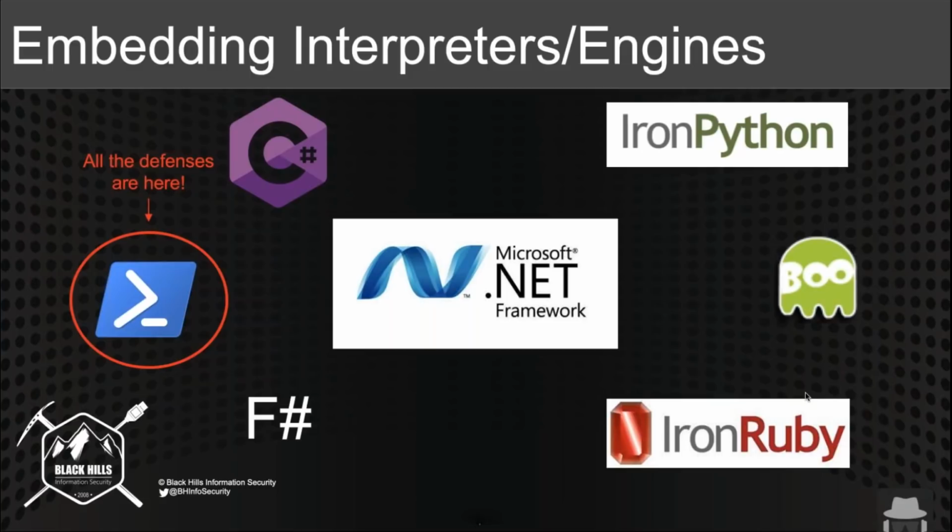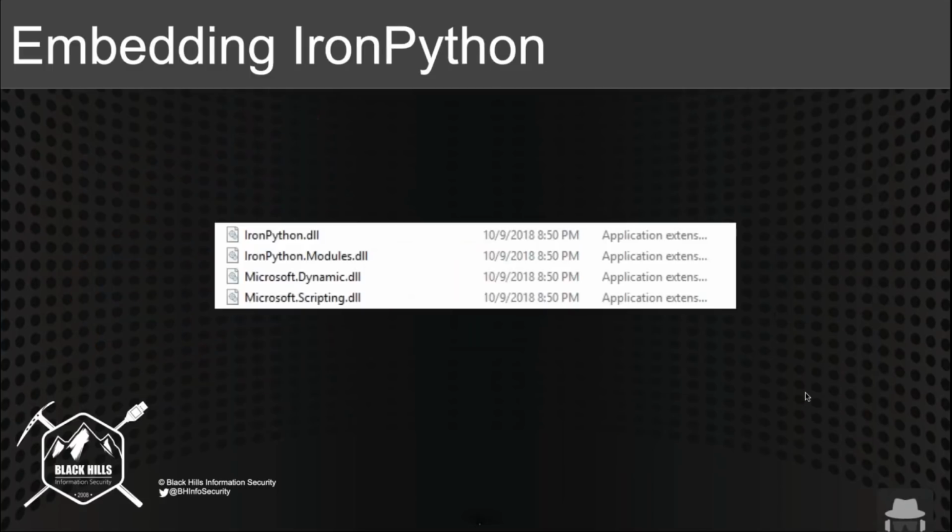So, Marcel, a quick question. Can you nest these indefinitely, such as embed IronPython into IronRuby, into Boolang, into PowerShell? Absolutely. This is the fun part. I've called it engine inception. You can nest multiple engines within each other. In IronPython's case, I think it has the best implementation of this because you can literally embed an infinite amount of engines within each other if you wanted to, for some reason.